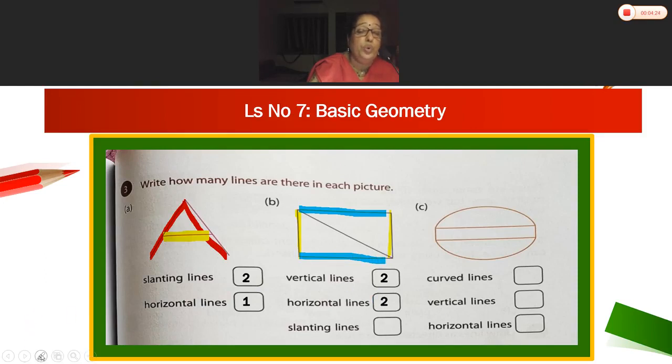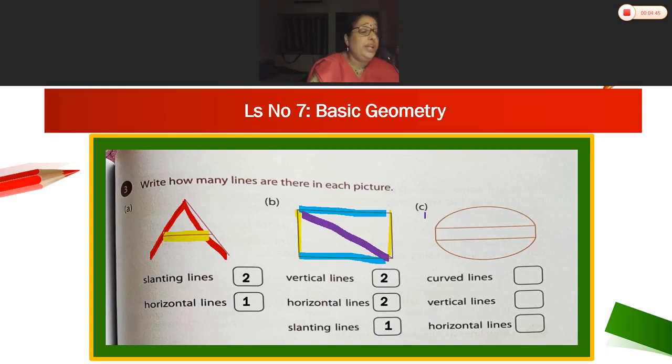Horizontal lines 2 with the blue color. Now in the middle you can see one slanting line with the purple color. So how many slanting lines are there? 1. So in this figure we have 2 vertical lines, 2 horizontal lines and 1 slanting line.